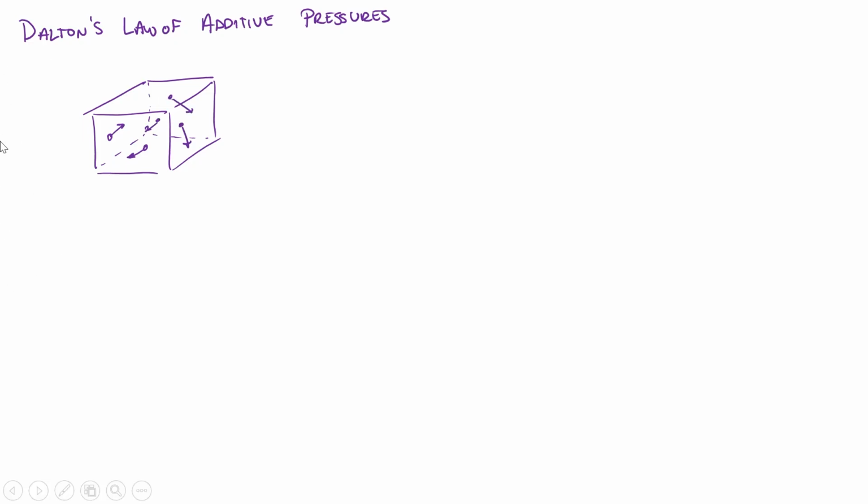And in this case, I have a mixture of gas particles floating around. So got some red particles here, all floating around, bouncing around within this volume. And the volume taken up by each of these individual particles is negligible compared to the volume that all these particles are contained within.